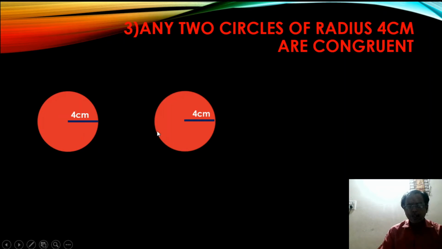Yes, they are the same in shape and the size is also the same. They even coincide with each other. If you move this first circle onto this second circle, it exactly coincides with the second circle. That's why we can say these two are congruent. Yes, it's true. Okay, children.